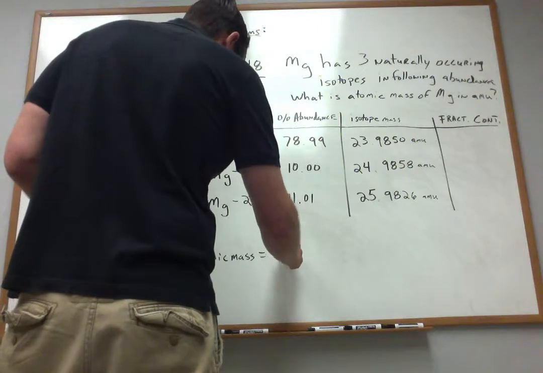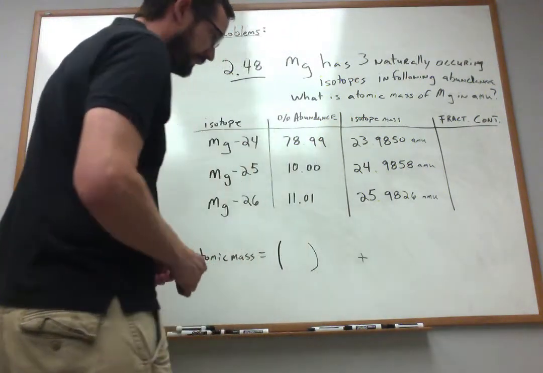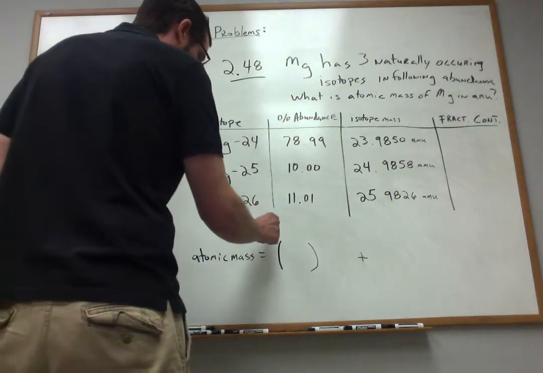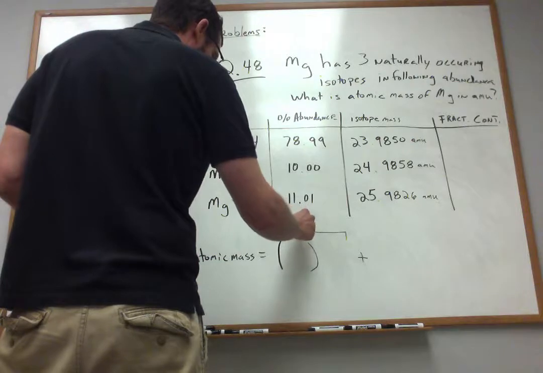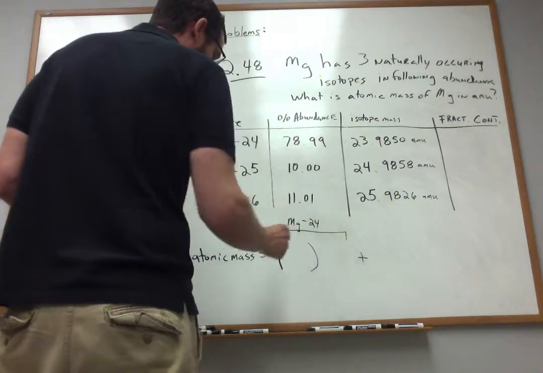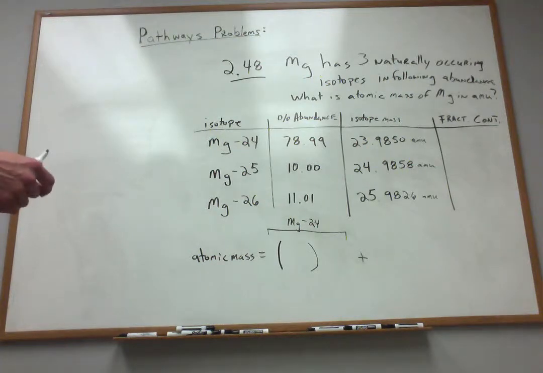Basically what you do is you're going to add together a series of terms. The first term will be for isotope number 1. Here that's magnesium 24. And then we're going to have a second term and a third term for magnesium 25 and 26 in a second.